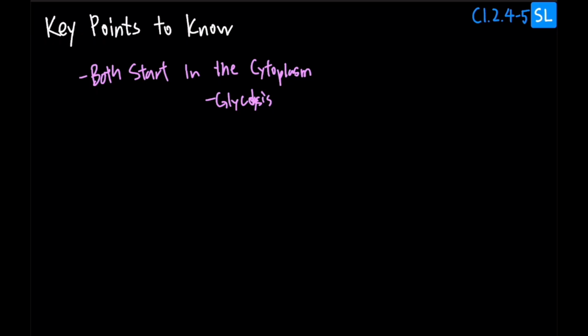Anyways, in anaerobic respiration, it only creates a net gain of 2 ATP, and that's not very high. But if you have oxygen, then the human body will produce aerobic respiration. So aerobic is more preferred because it produces more ATP, like more than 30.